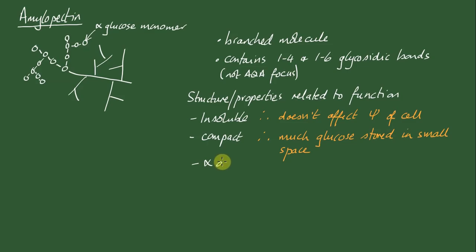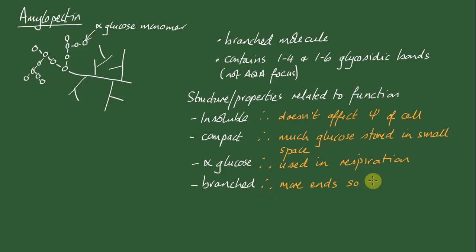Exactly the same as above, except here we're going to add in the fact that this molecule is branched, and that means that there are more ends that can be hydrolysed, so that glucose can be released, can be hydrolysed faster. Now that word faster is important. In mark schemes, easily will not get you the mark. Faster is required.